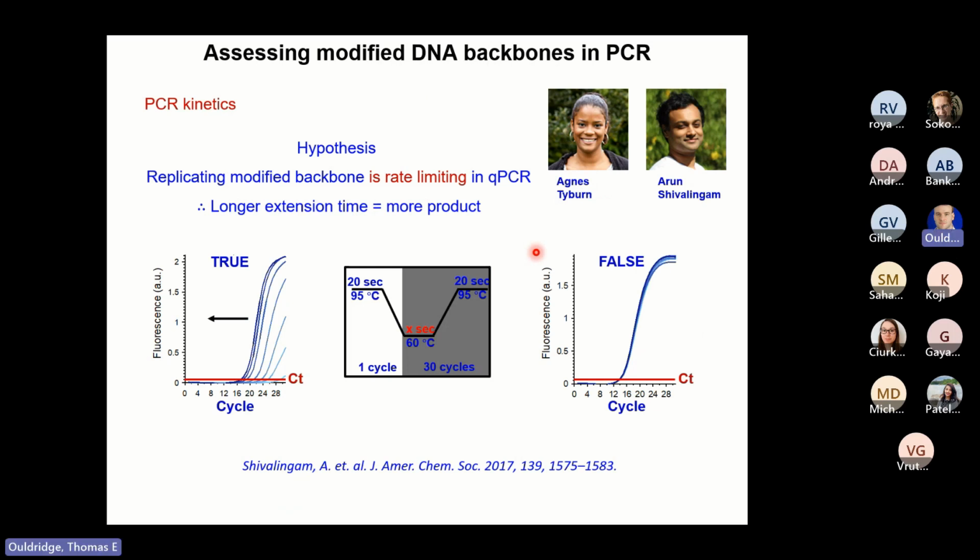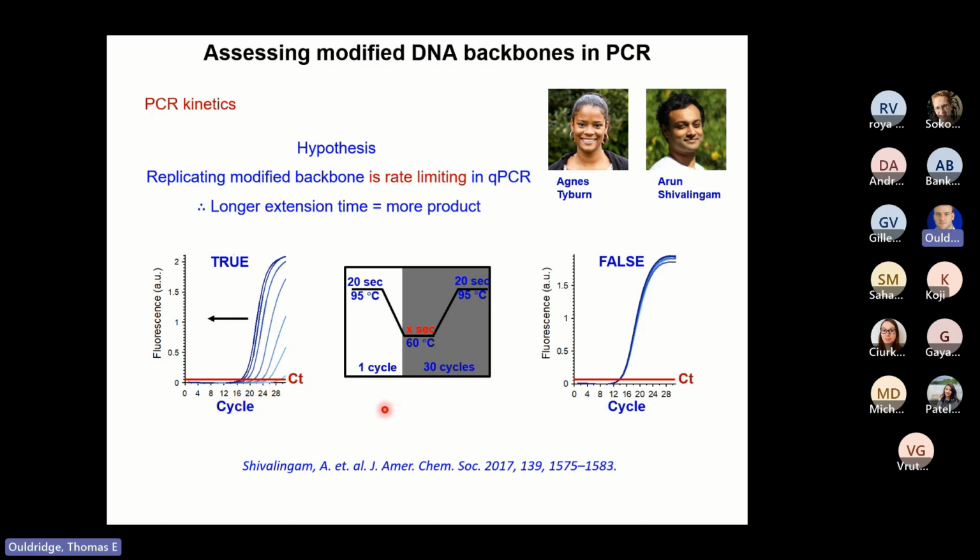We also wanted to work out what effect the triazole had on read-through, in terms of the rate at which the polymerase can read through the triazole linkage. So we did a very simple experiment. We made triazole template, compared it with normal template, and we measured the CT value, or the CQ value if you like, of the PCR reaction: the number of cycles it takes to make a significantly observable PCR product.